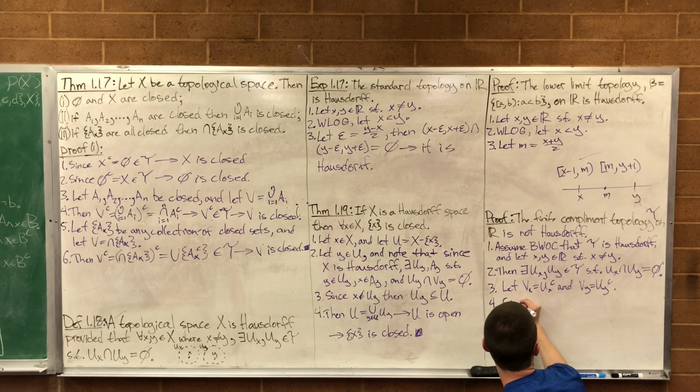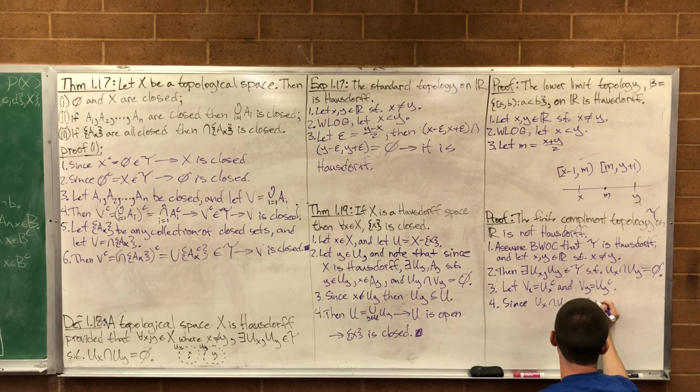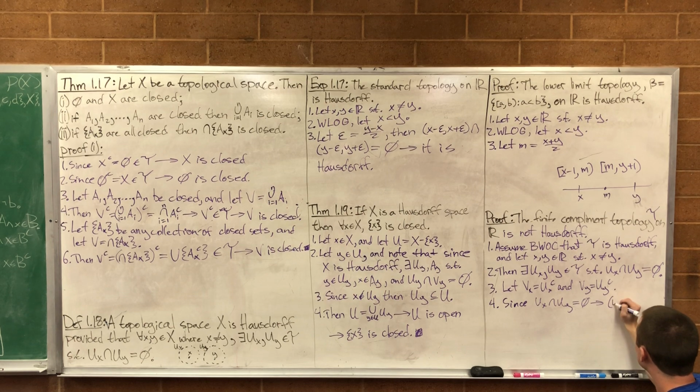So let Vx equal this, Vy equal this. Since Ux intersect Uy is equal to the empty set, that gives us that the complement of Ux intersect Uy is equal to R, right? You follow that so far?